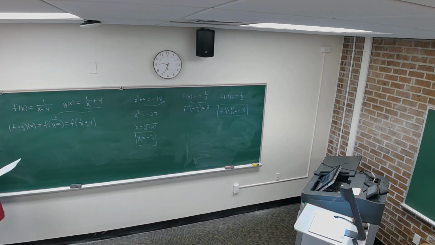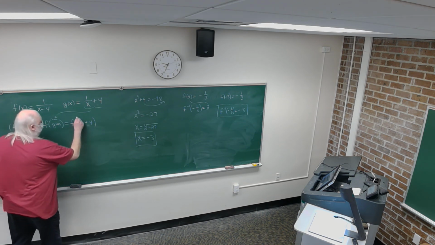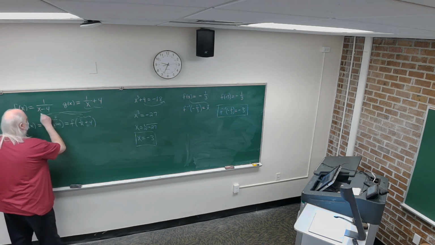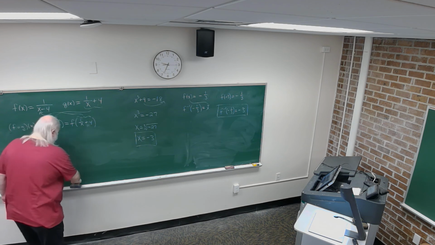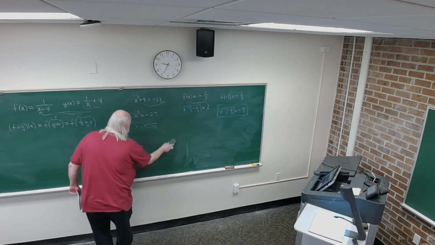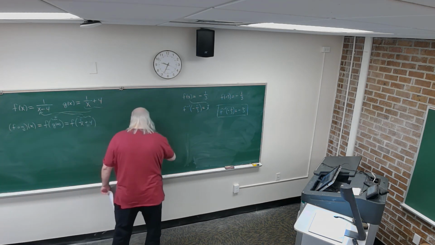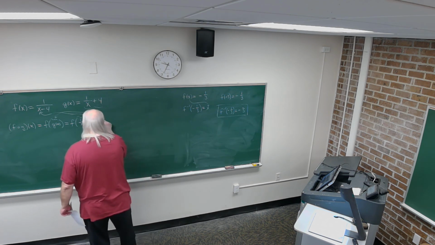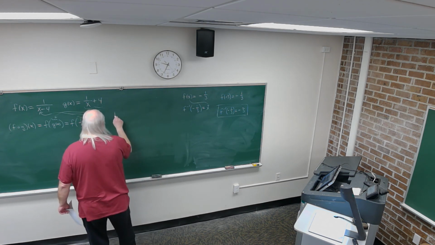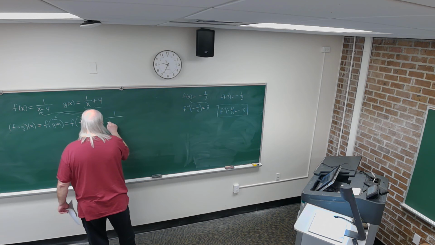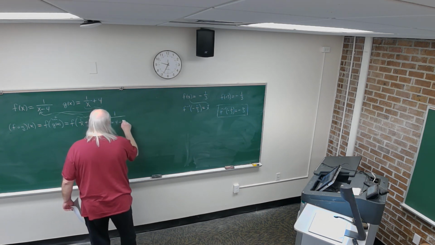And now to evaluate f of 1 over x plus 4, we put 1 over x plus 4 in for x on the right hand side of f of x, right? We have 1 over x plus 4 minus 4.